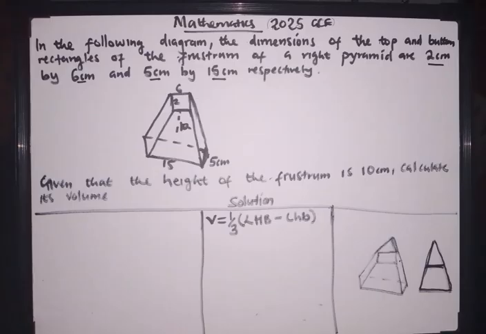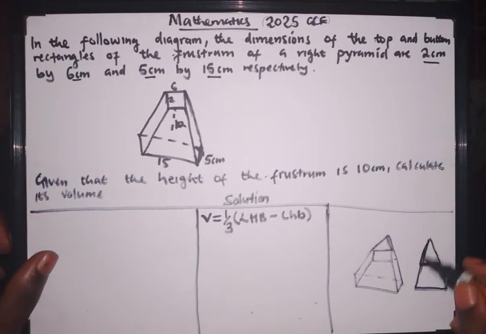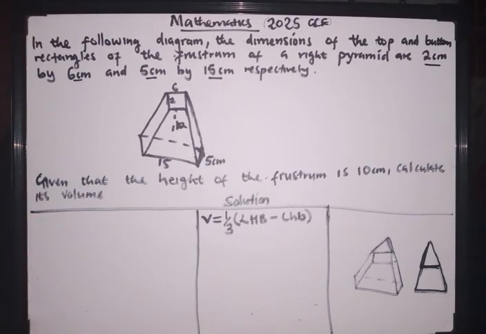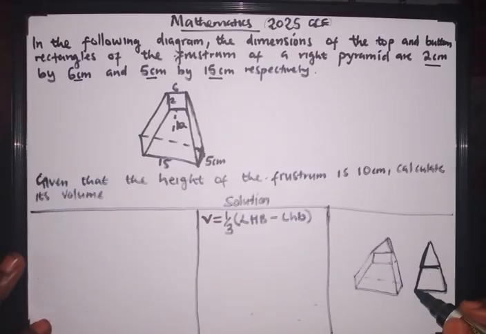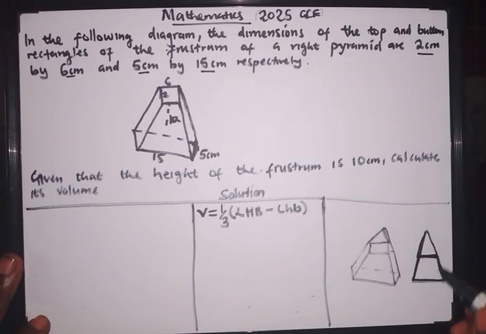Before we calculate the volume of the frustum, you need to understand what a frustum is and what a pyramid is. So basically a pyramid looks like this, like a triangle, whilst the frustum is when this pyramid is cut. So this is the frustum.